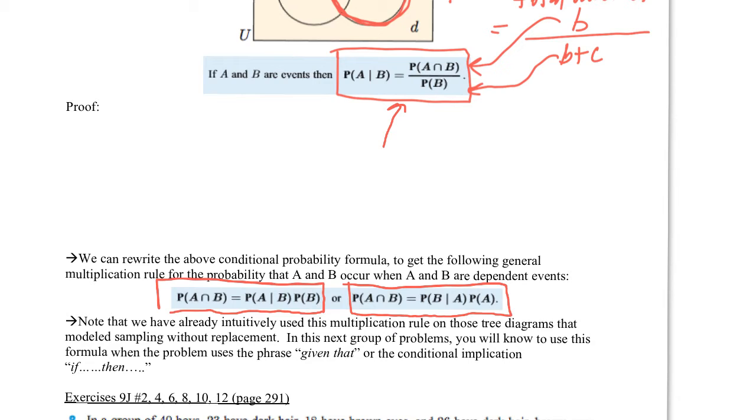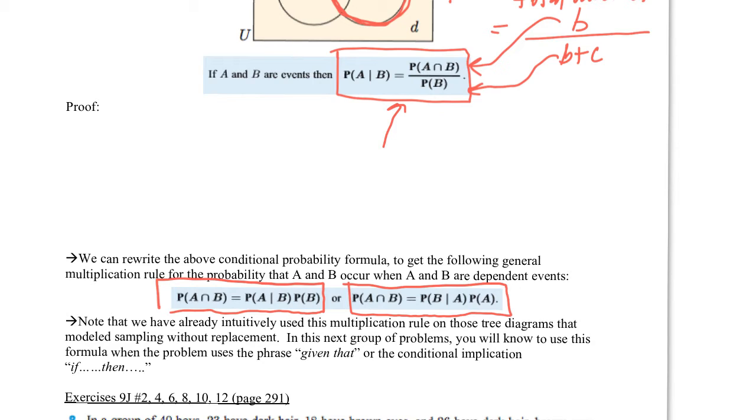So intuitively, we've already used this rule on the tree diagrams where we did some sampling without replacement. When we did sampling without replacement, we put the probabilities on the branches, assuming the previous branches already happened.